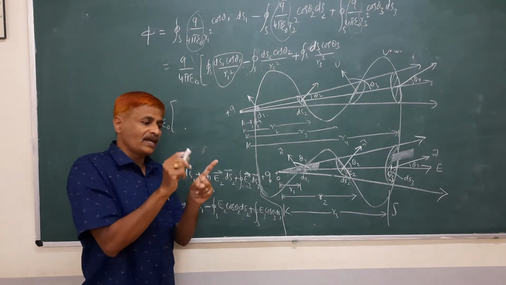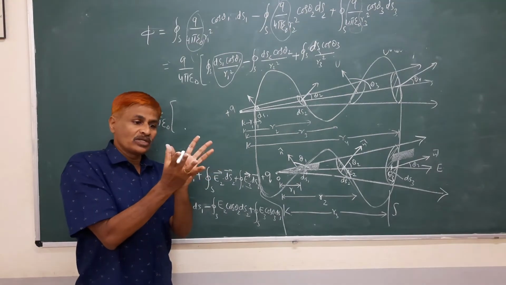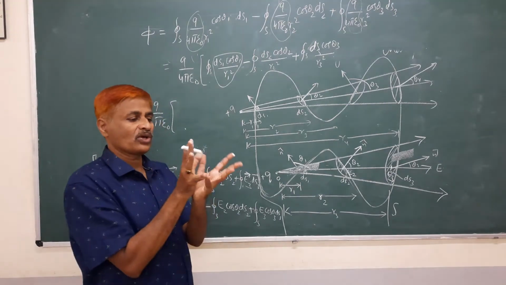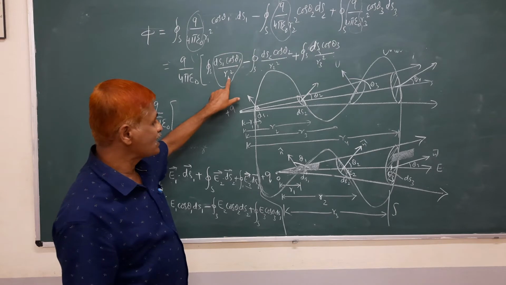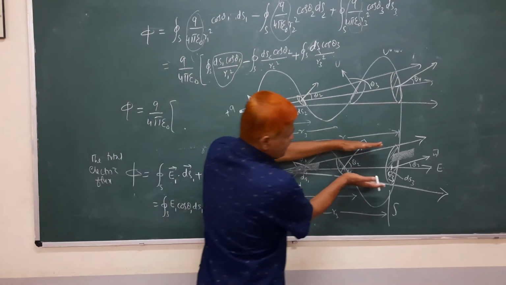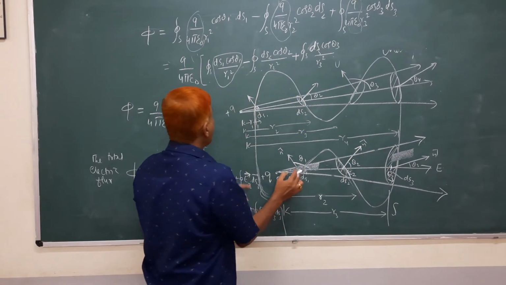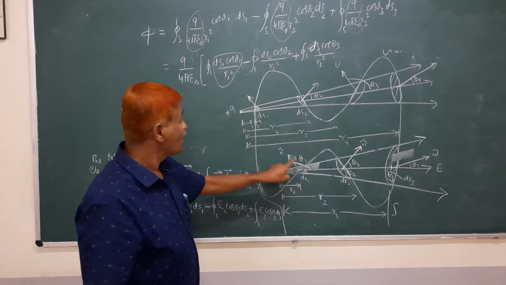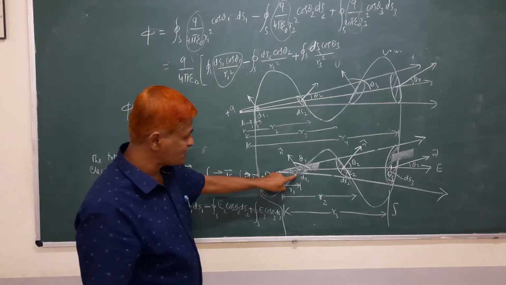Whenever an angle is made by two lines, from the cone you will get the solid angle. How much is going out of this cone is given by ds1 into cos theta 1 divided by r1 square.